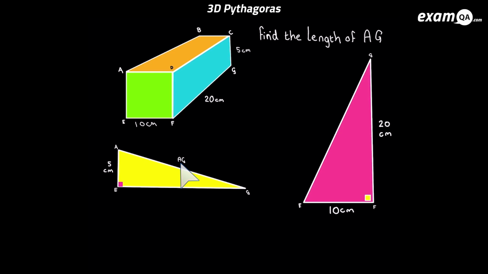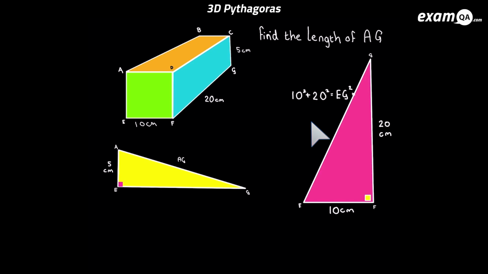So let's first work out EG. Now you should know Pythagoras, a squared plus b squared equals c squared, c being the longest side. Okay, so we've got 10 squared plus 20 squared equals the long side EG squared. And of course, 10 squared plus 20 squared is 500. So EG squared is 500.